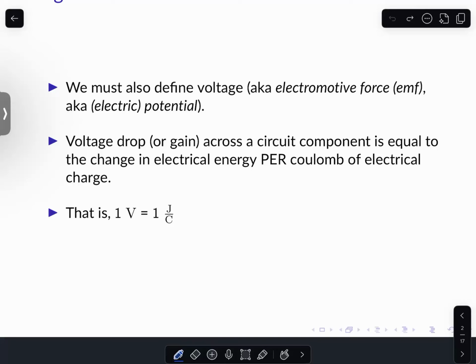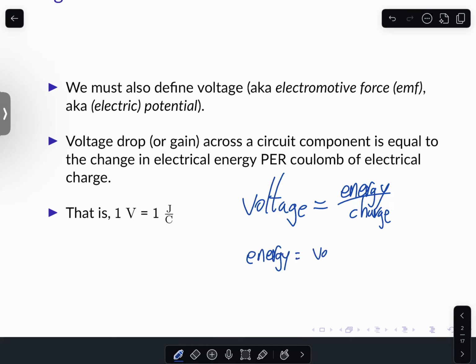As an equation, we can say voltage equals energy per charge, energy divided by charge. And therefore, we can make the very difficult algebraic step, energy equals voltage times charge.